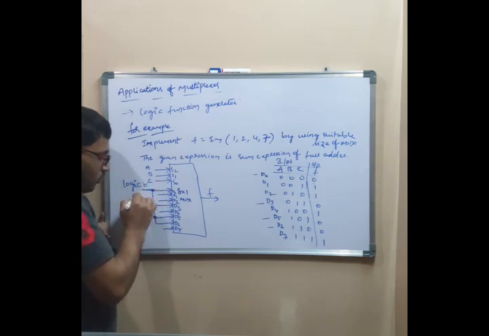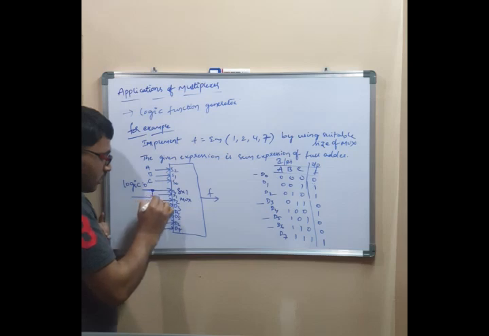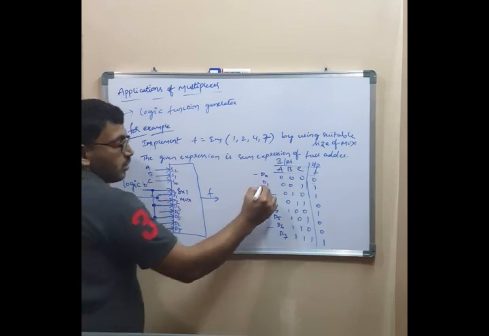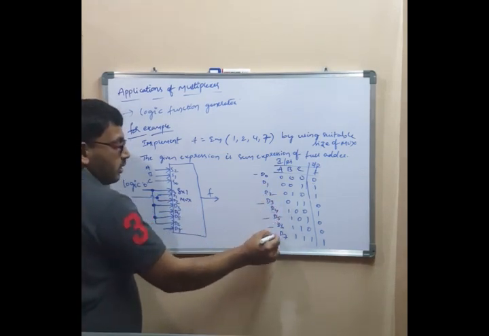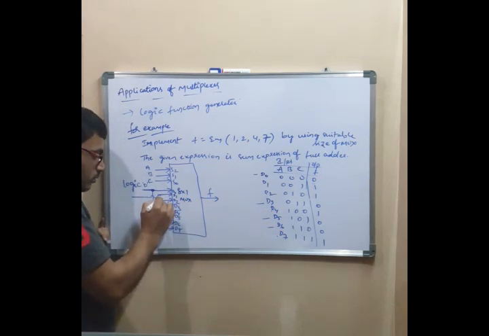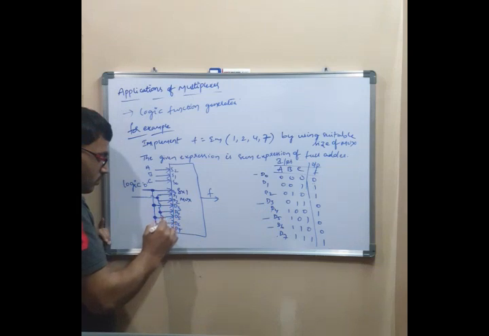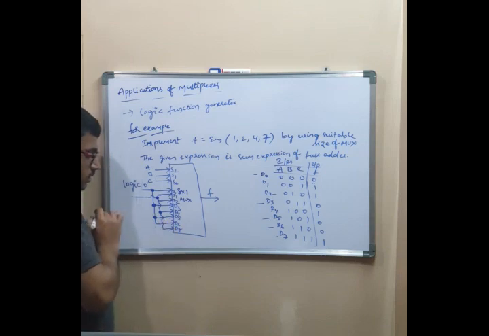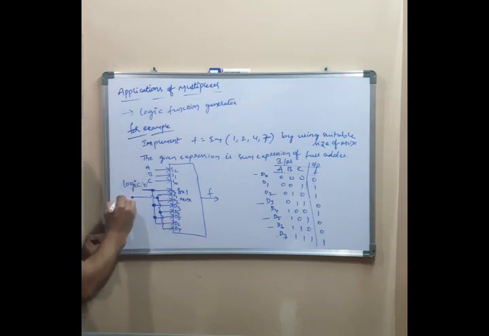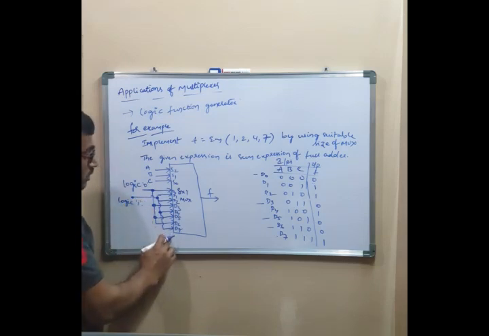What I will do here is I will connect the remaining to logic 1, that is D1, D2, D4, D7. I will connect these to logic 1. Now look at the operation, whether we have obtained the function or not.